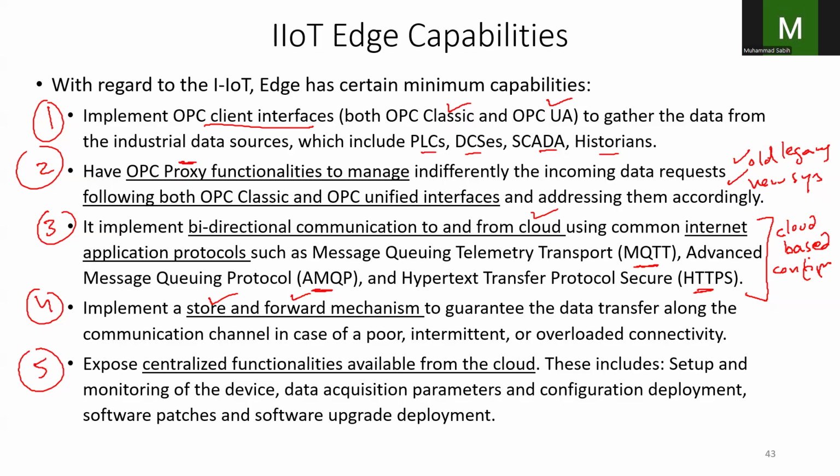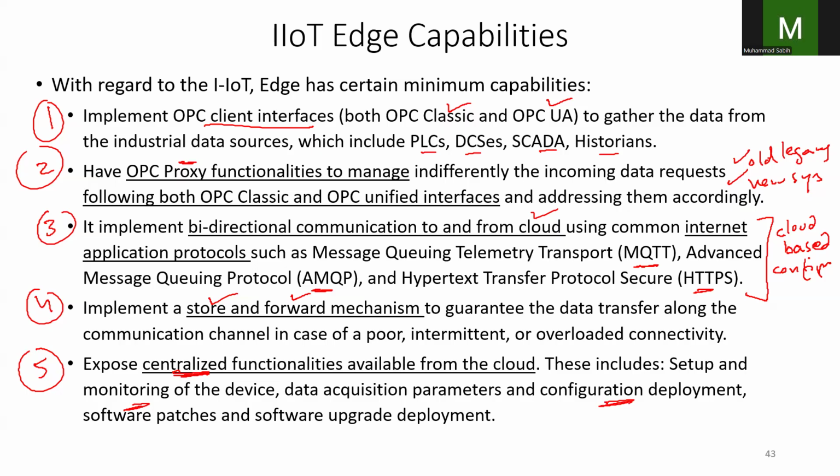The fifth point is that the edge device should support centralized management. This centralized functionality and management from the cloud is very important. This includes remote monitoring and deploying, for example, the configuration. This is also important.